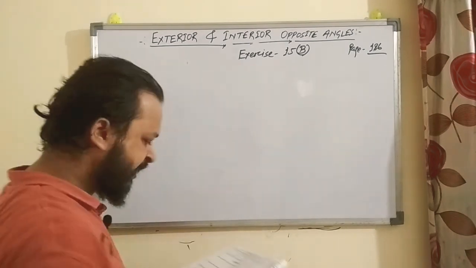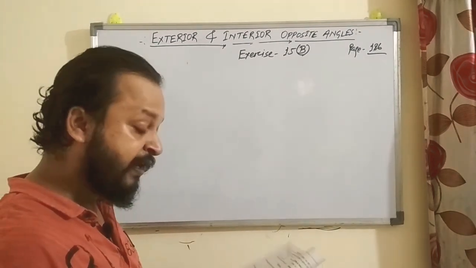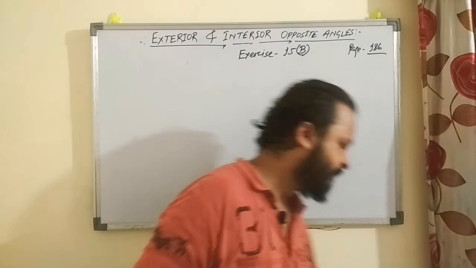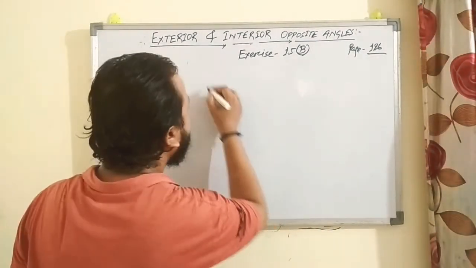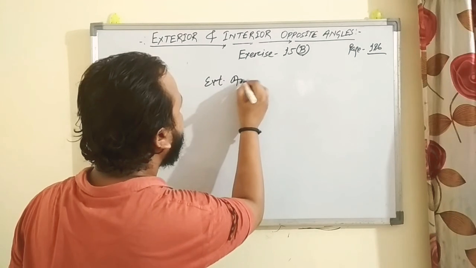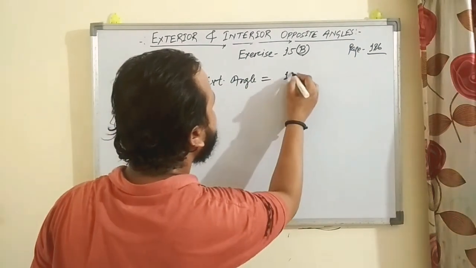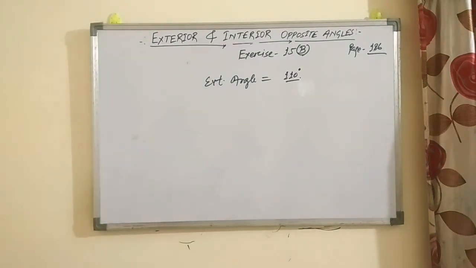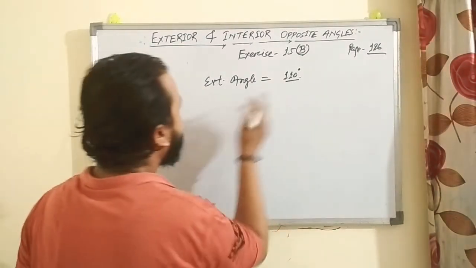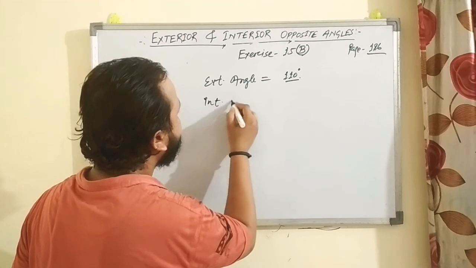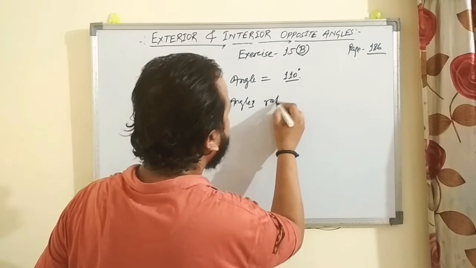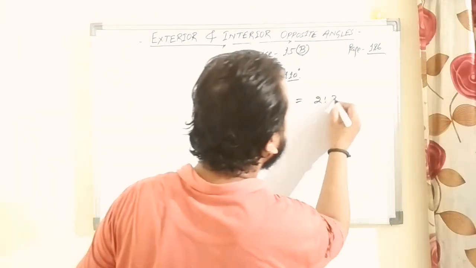It is given that an exterior angle of a triangle measures 110 degrees and its interior opposite angles are given in the ratio of 2:3. Exterior angle is given as 110 degrees and the interior angle ratio is given as 2:3, right?